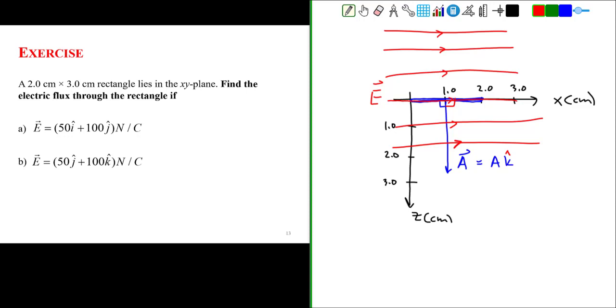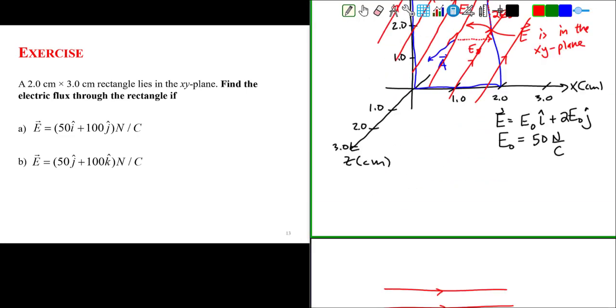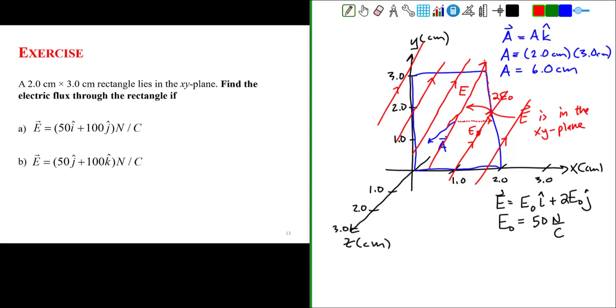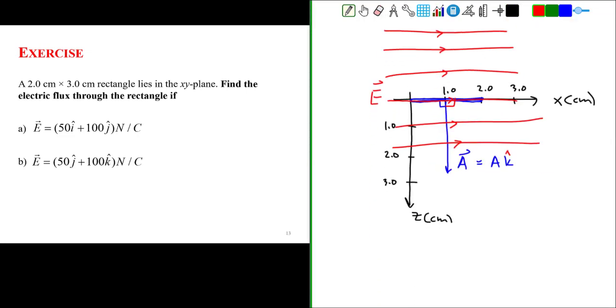We lose the x component and the y component, which we know is angled upward, as we can see from this diagram. The important thing about this diagram, though, is we see that the electric field does not cross the surface described by this rectangle. Because no electric field lines cross the rectangle, we know that the electric flux should be 0.